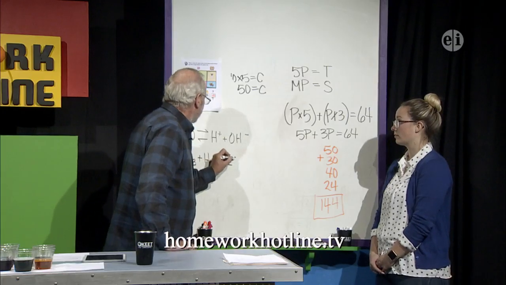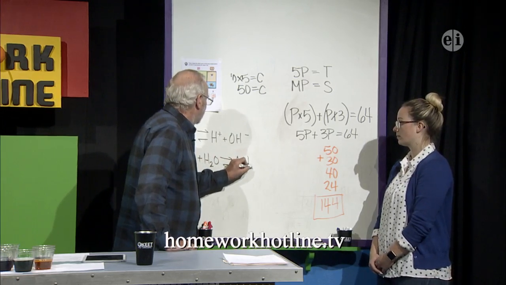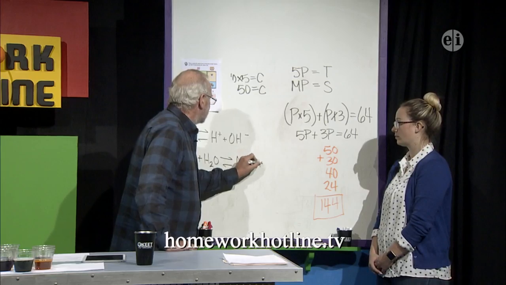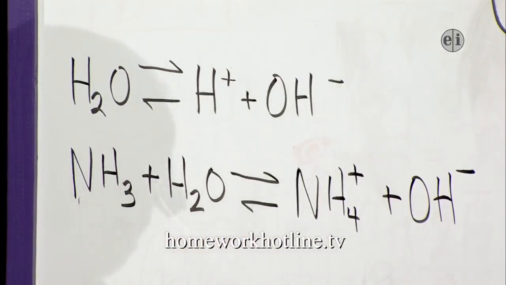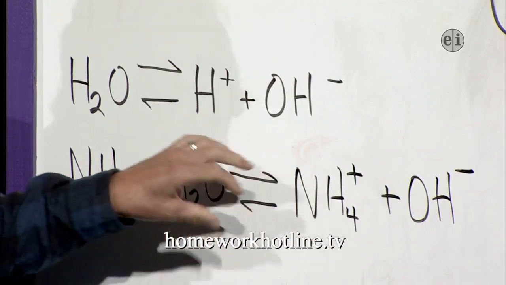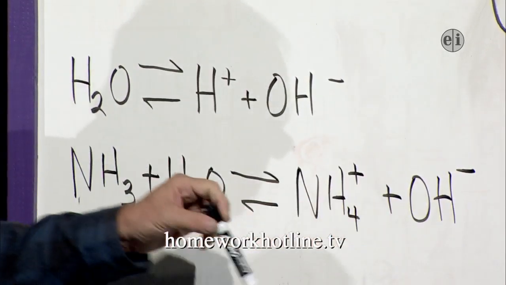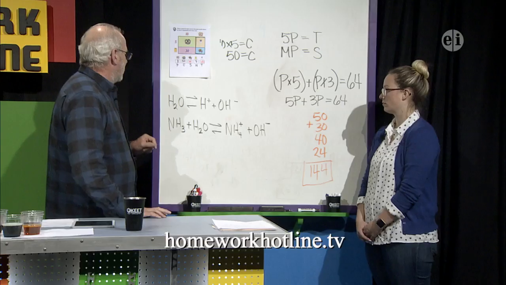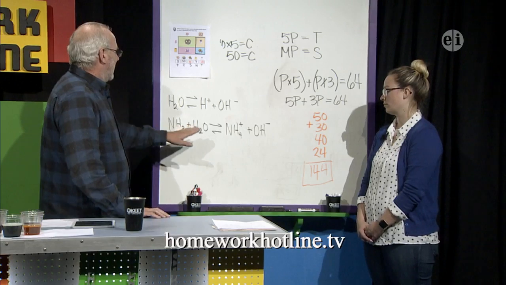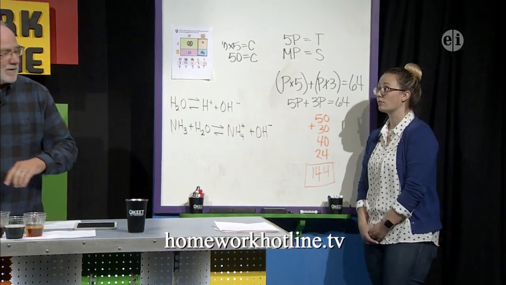It adds some hydroxide ions and takes away some of the hydrogen ions. So it makes it somewhat on the base side. So it's a little bit green over here.